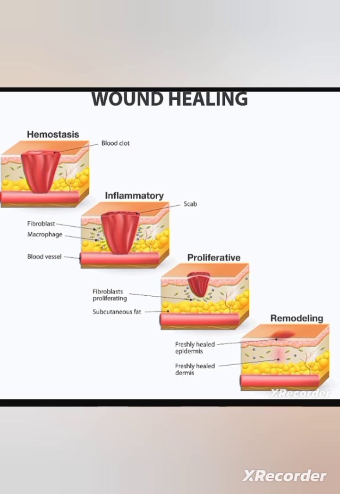Inflammatory means there will be an inflammatory response, with destruction of bacteria and removal of debris. Proliferative means epithelialization, a covering of the wound. Then remodeling, or the maturation cycle, where the tissue gains its strength. So those are the four stages of wound healing: hemostasis, inflammatory, proliferative, remodeling.